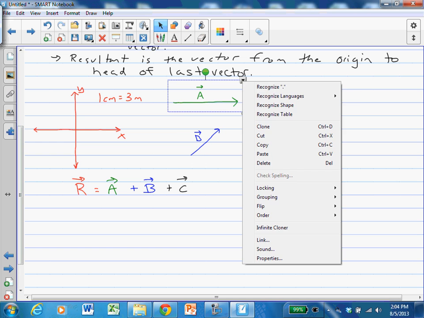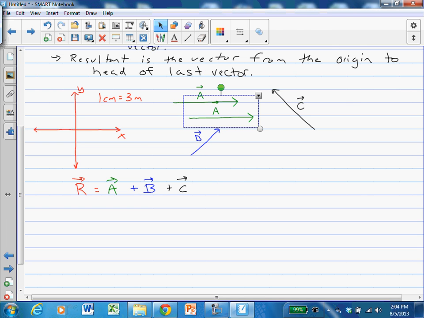So if this is where I start, clone A. You could redraw with your ruler and protractor, in case it's going that direction. To redraw, I have a clone function, you don't.